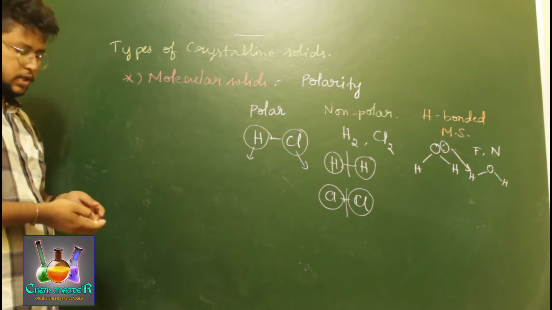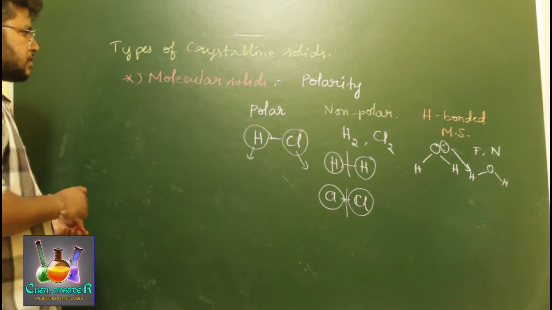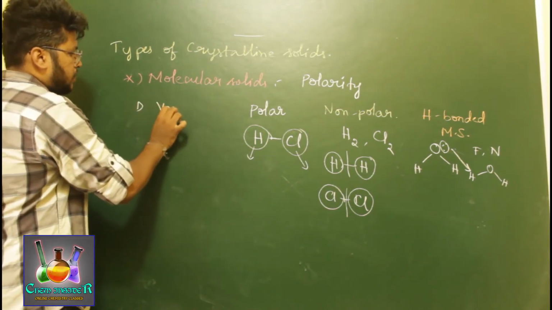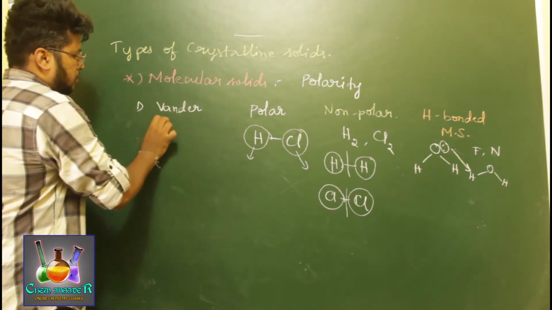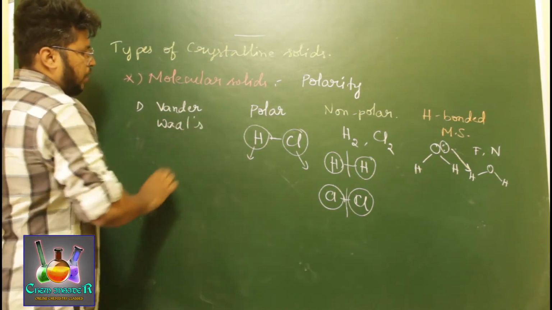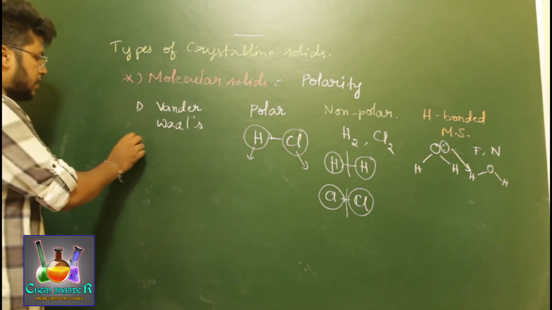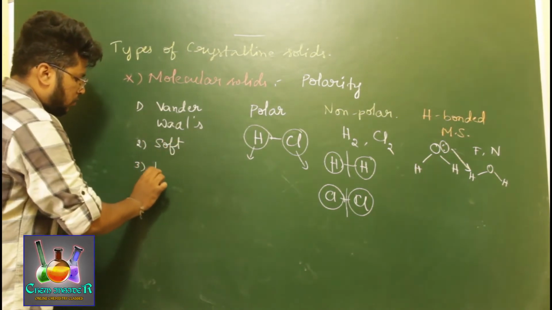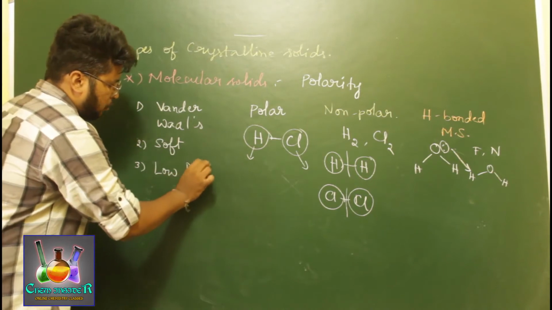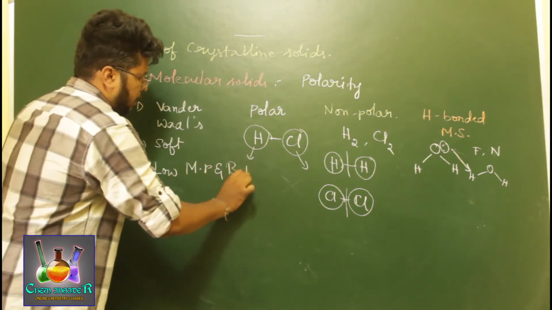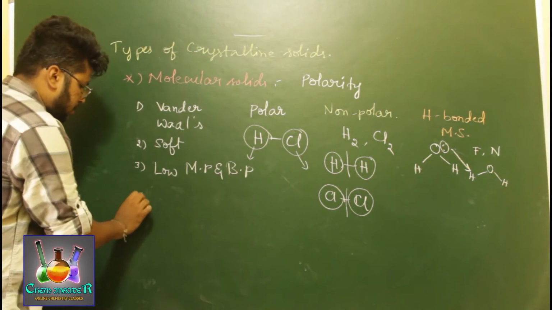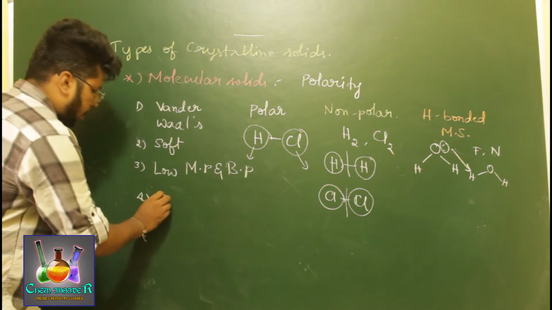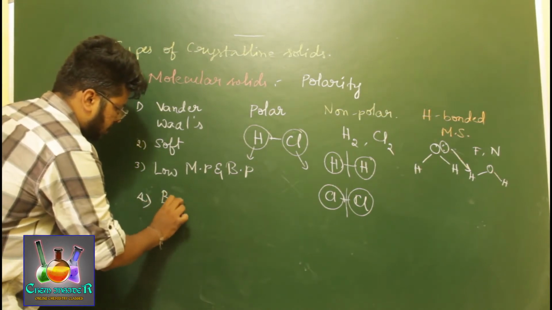Now for the properties of these molecular solids: they are formed by weak van der Waals force of attraction. Hence they are soft in nature and have very low melting and boiling points.